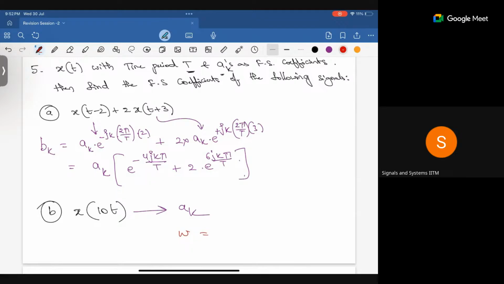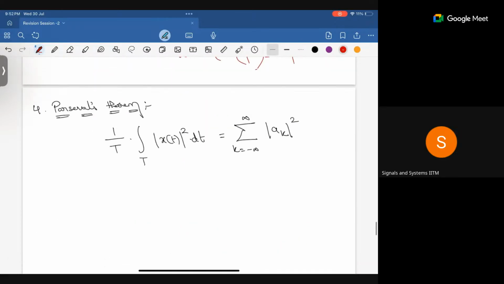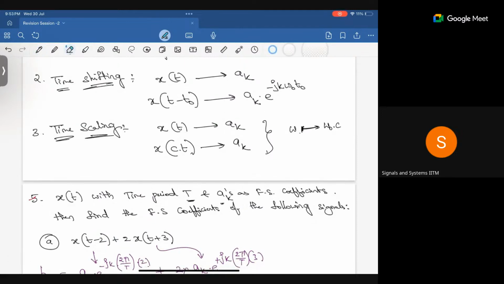It is not just 2 pi by capital T, it will be 10 into 2 pi by capital T. So that will be the frequency. Okay, that is 20 pi by T. Alright, so this is the example.